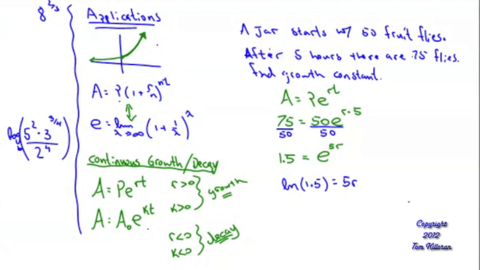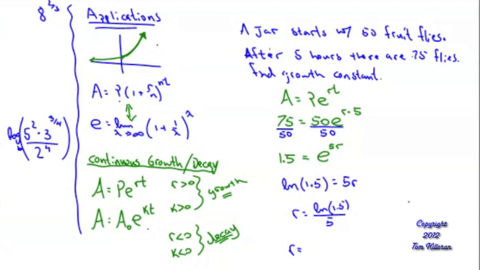How do you solve for r? Divide by 5. So you get r is equal to ln of 1.5 divided by 5. Type that in your calculator and get a nice little decimal answer. It will not be negative because ln of 1.5 is positive.